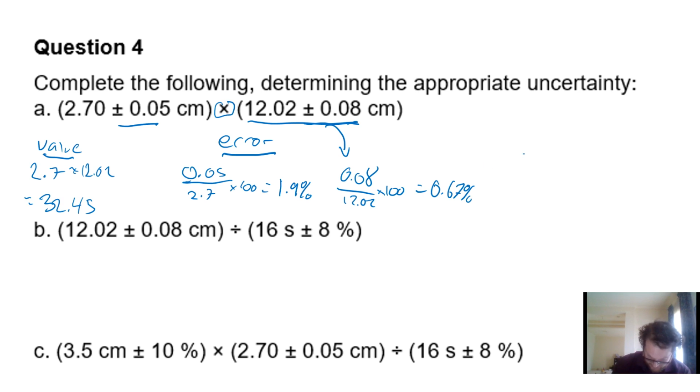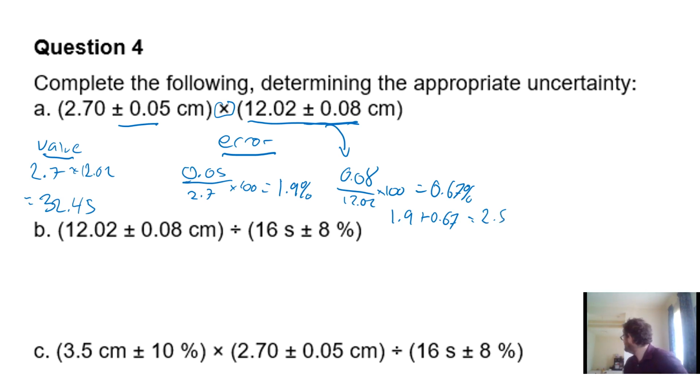So the error is going to be 1.9 plus 0.67, which gives us 2.57.